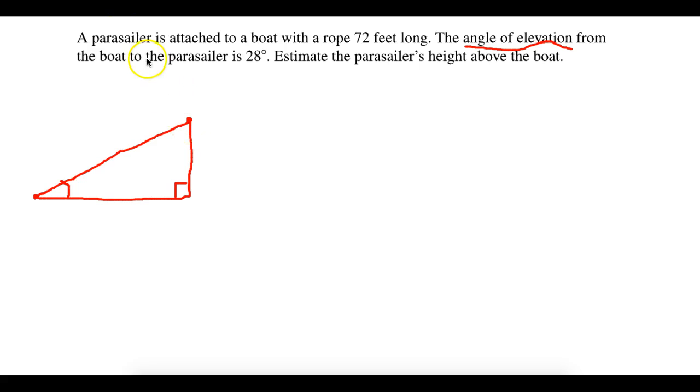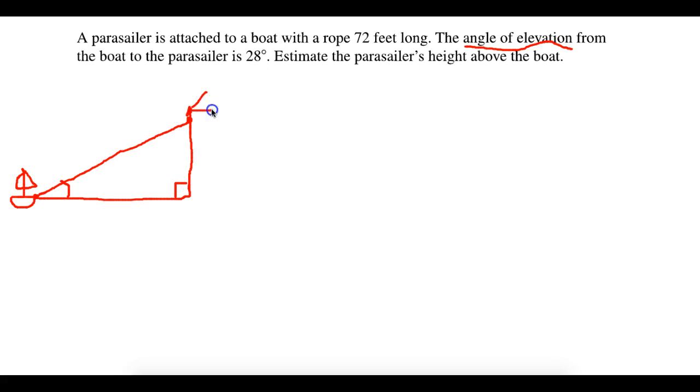For example, in this problem, it says a parasailer is attached to a boat with a rope 72 feet long. So imagine that this is our boat right here. It's going to be kind of a corny little boat. That's our boat, and let's say this is our parasailer right here.